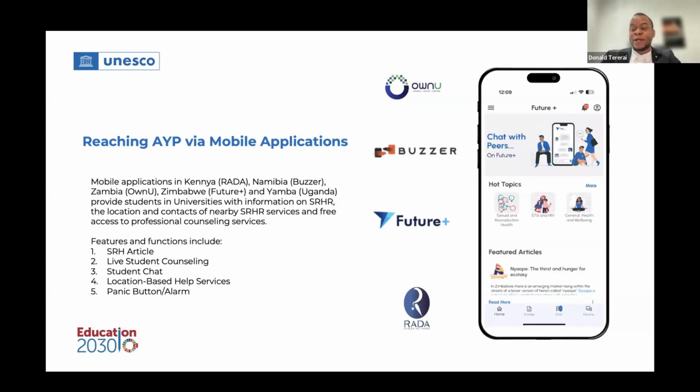And of course, location-based help services, which would use the mapping functions on the phone to help students locate SRHR services that are close to them. And some of the offline features of the mobile app include sexual and reproductive health articles, which students can read when they do not have the internet.